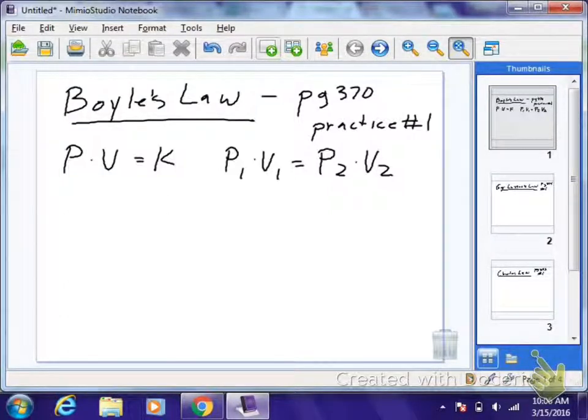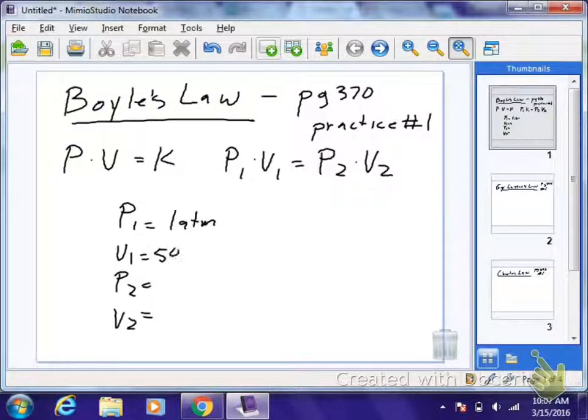What I'm going to do is put P1, V1, P2, V2 to identify all my different pressures and volumes. Lots of times, 1 means initial, at the beginning. So the balloon was at the surface, and the pressure was 1 atmosphere. Then the volume was measured at 500 milliliters.